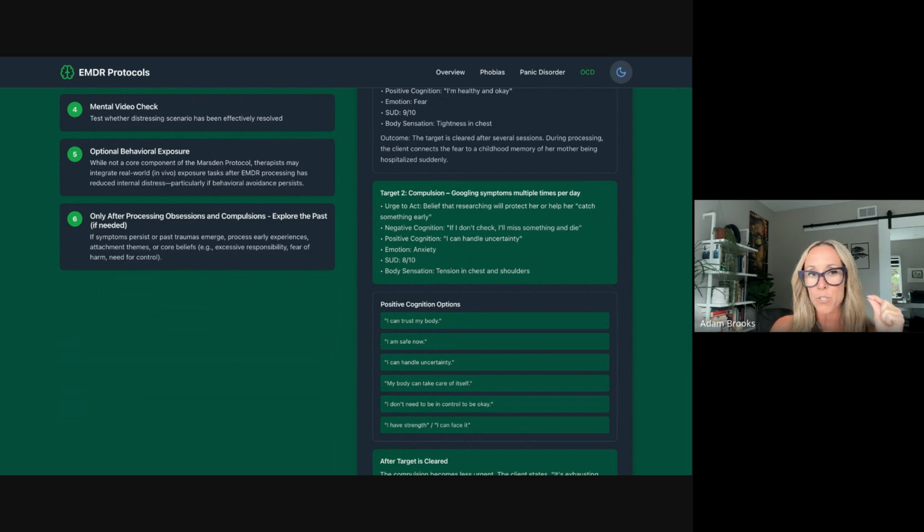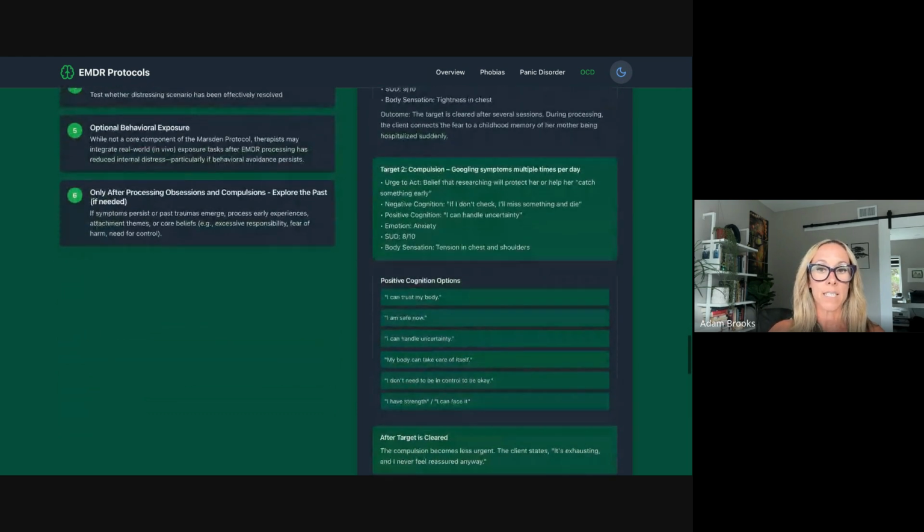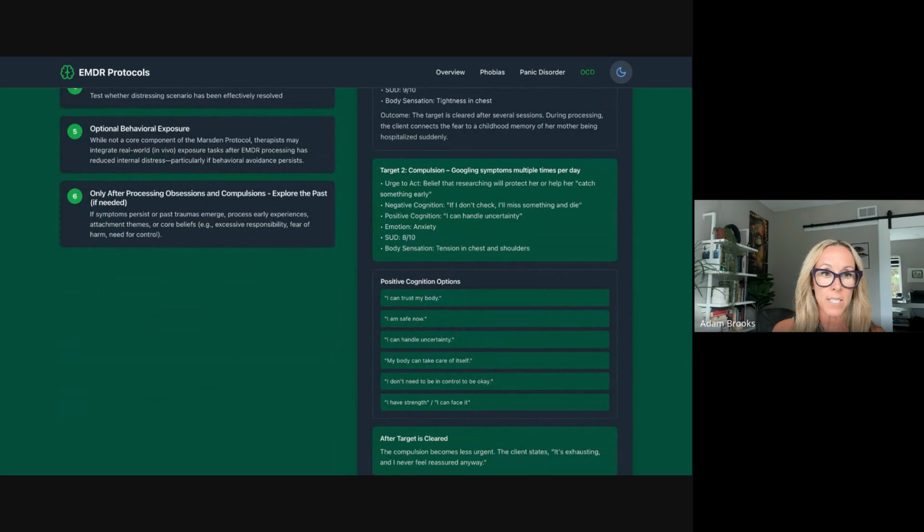But if you can capture an image of her Googling, then that's great. But otherwise, you can just target the actual thought itself. Hopefully that makes sense to you. And now I've also provided some positive cognition options for this one in particular.